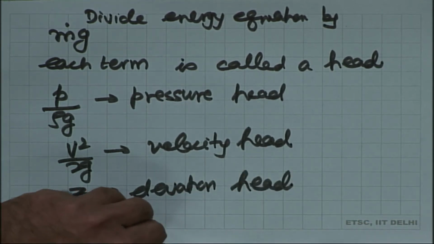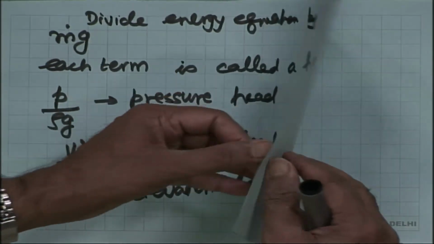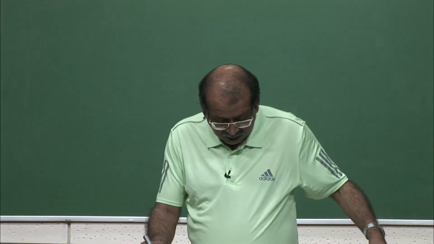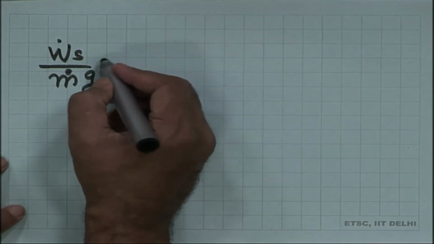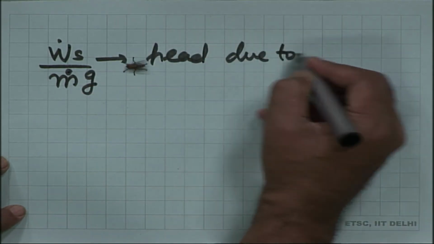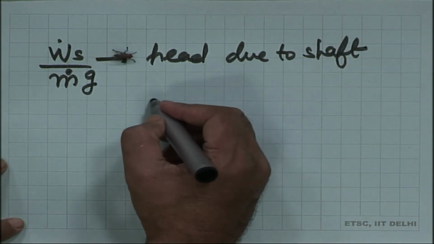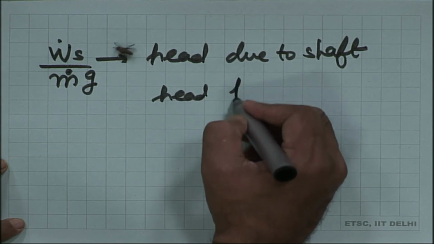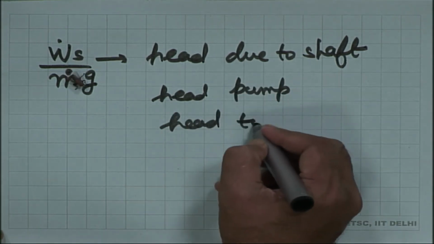So, these are the different names given to these terms, and if I look at the work done term, W dot s by m dot g, this is called the head due to shaft, and this could be either head due to pump or head due to turbine.